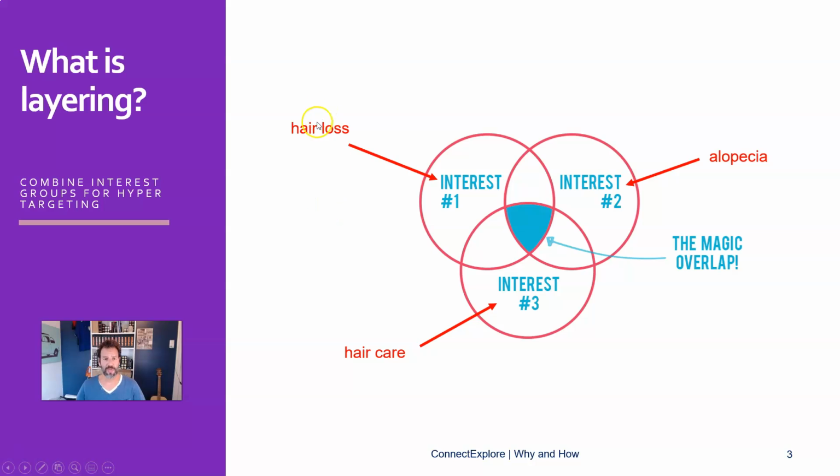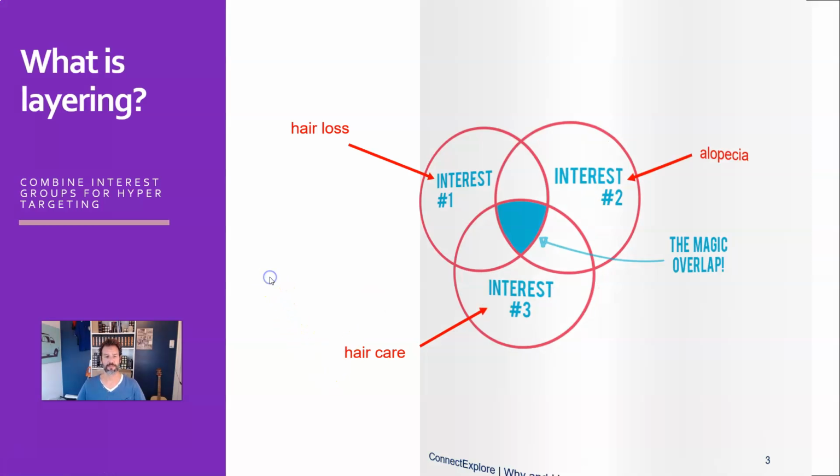And you could have more different interests than these three, obviously, but still, if they're only in one, it's still very broad. If they're only in two, you would still miss out. But the three of them together would make this hyper-targeted area, of which you can be really sure that people are interested in the stuff that I am selling.